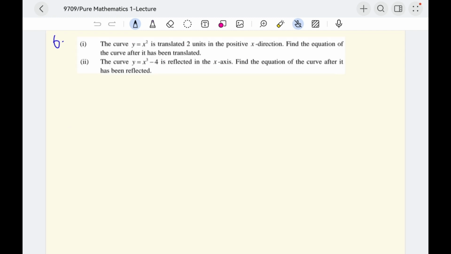Let's move on to question 6. Let's take a look at the first part. The curve y equals x squared is translated 2 units in the positive x direction. Find the equation of the curve after it has been translated. Translated 2 units in the positive x direction means that you substitute x as x minus 2.